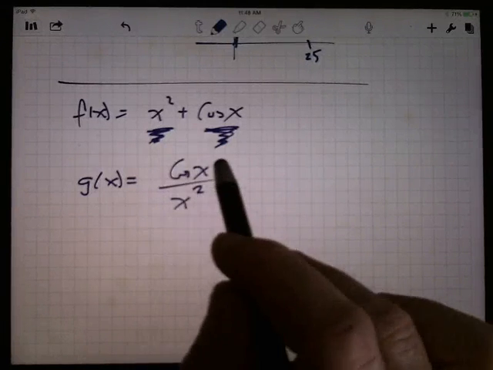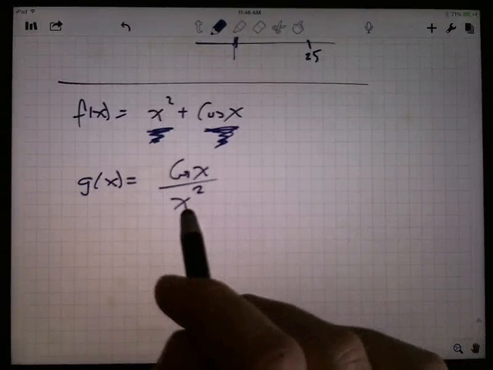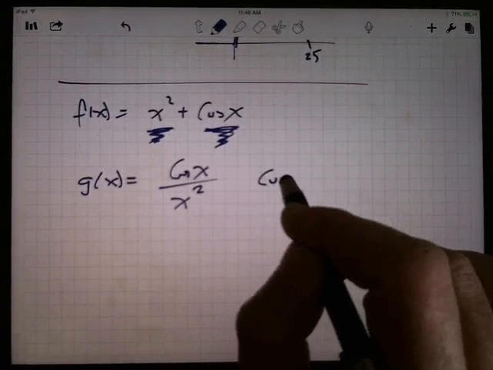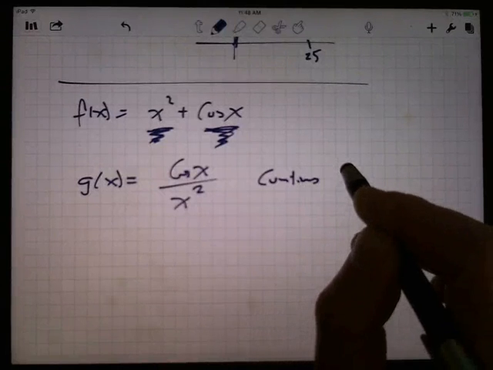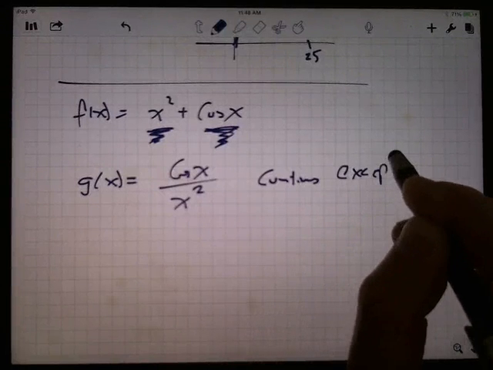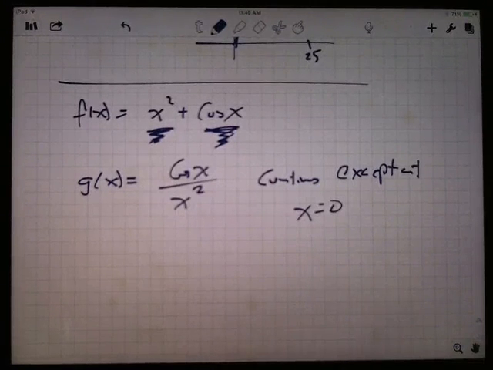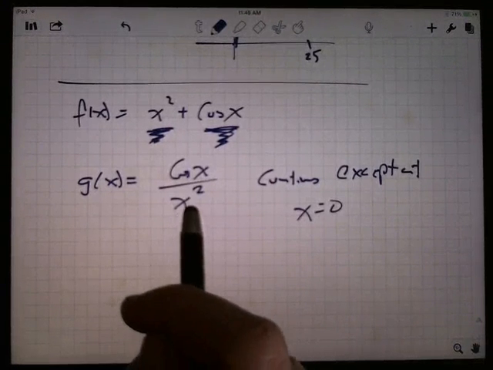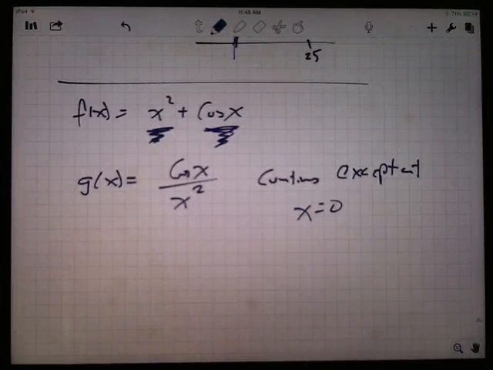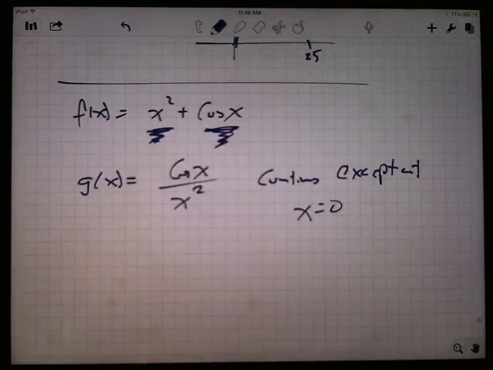So this function will be continuous everywhere, unless, of course, you're trying to divide by 0. So this is continuous except at x equals 0, because that's where the denominator is 0. So anyway, there you go. You can combine continuous functions and get more continuous functions.